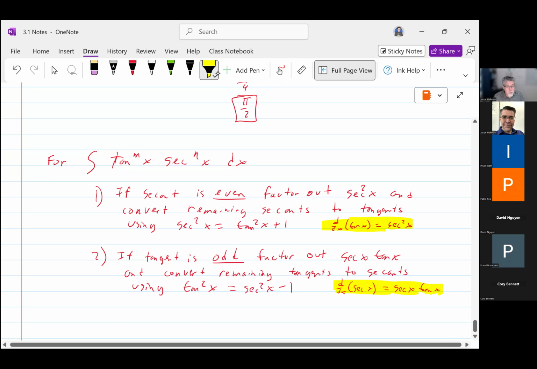Okay, so again, we're using derivatives to help us integrate. The properties of derivatives are going to help us integrate. And number 3, if all else fails, pray. No, I'm just kidding.